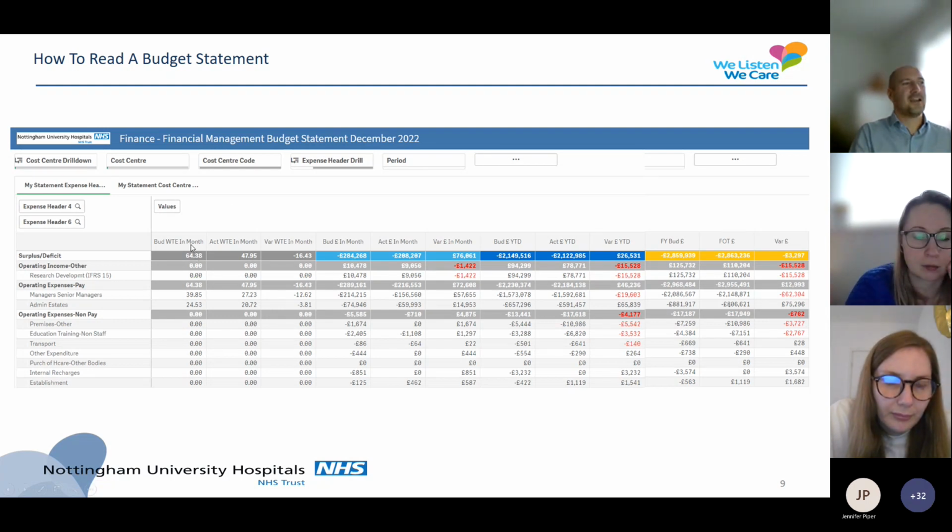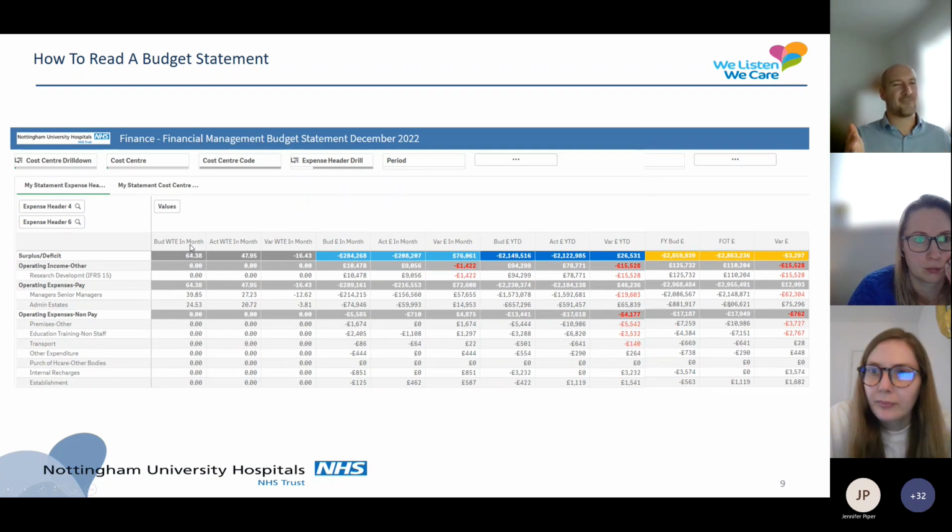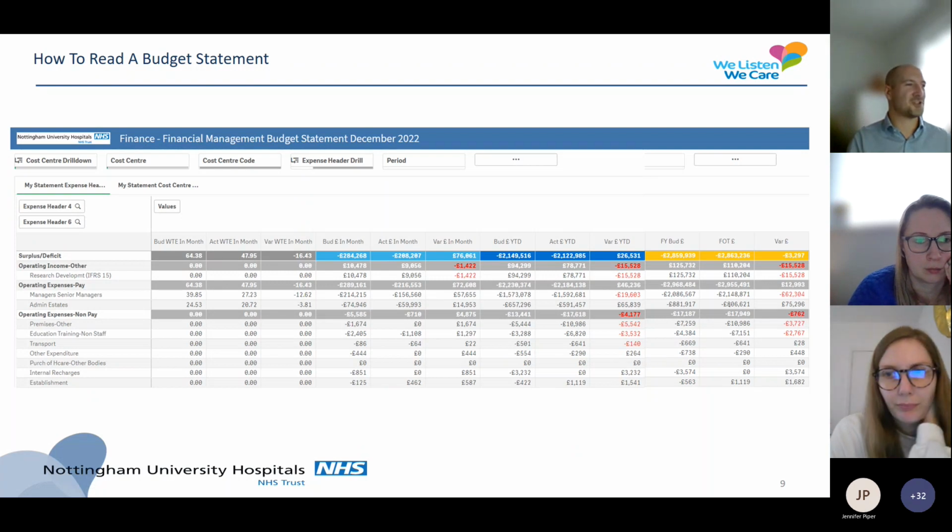We only look at the in-month, because otherwise you have to do a year-to-date average, and that doesn't really tell you an awful lot when you're trying to get behind what's happening with your position.